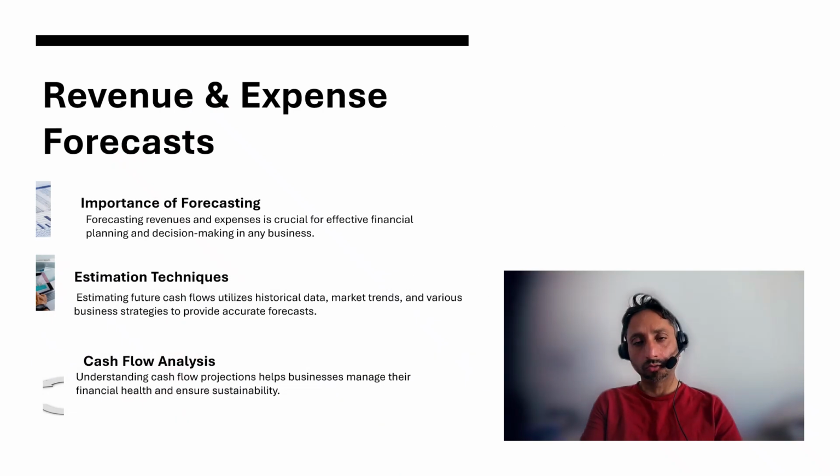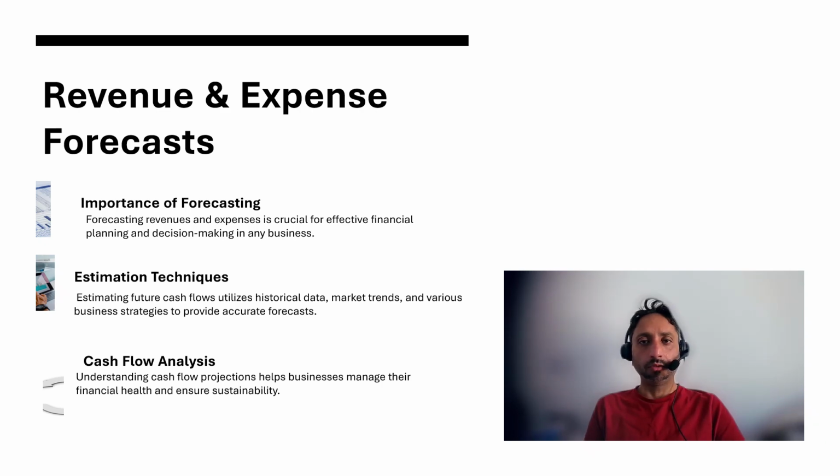So when it comes to corporations, we have to see how our corporation is performing now, how it has been performing in the past, and how it will perform in the future. So we have to estimate the future performance. And for that, we have to forecast the revenues and expenses which we find in the income statement.